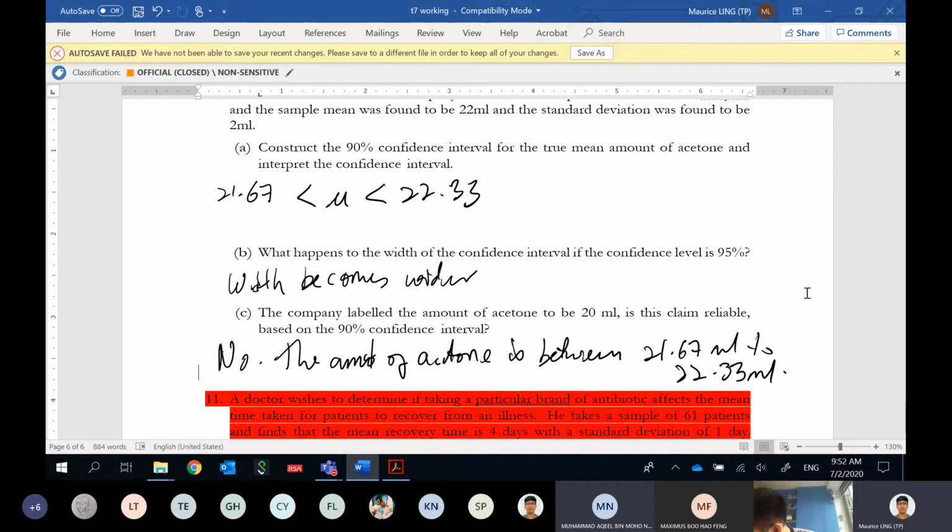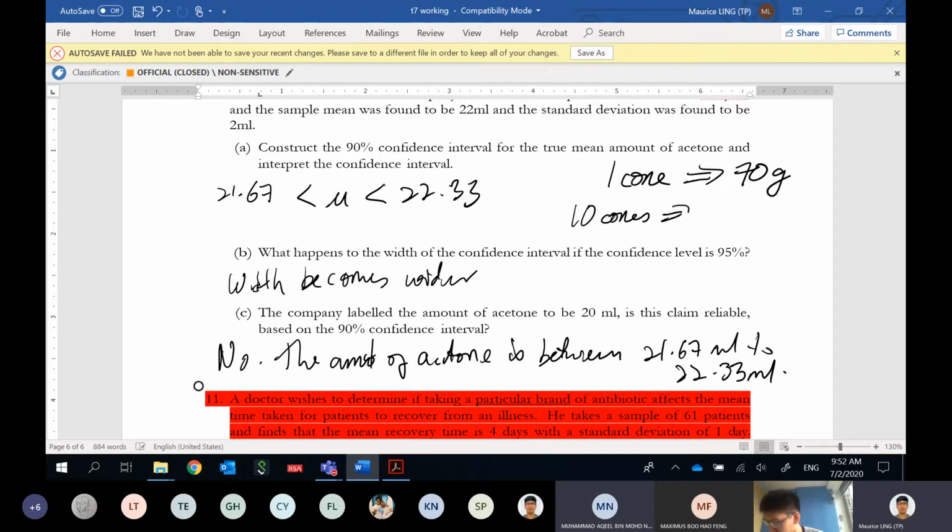It does really depend. If this is your ice cream, that means you go to McDonald's and you buy your ice cream cone. McDonald's says that one ice cream cone is 70 grams of ice cream. And you want to do your statistics and you buy 10 cones to try.